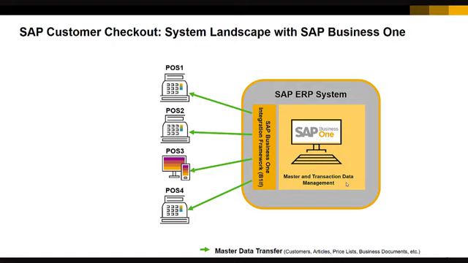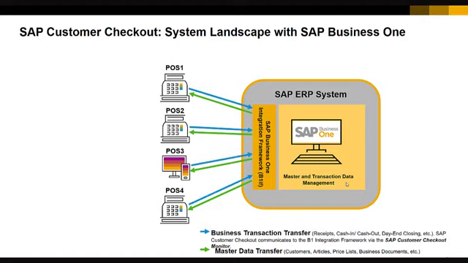This makes SAP Customer Checkout completely offline capable, which means even if you are not connected to SAP Business One, you can continue making your sales transaction. And when you are connected to SAP Business One, all your sales transactions will be posted to SAP Business One.